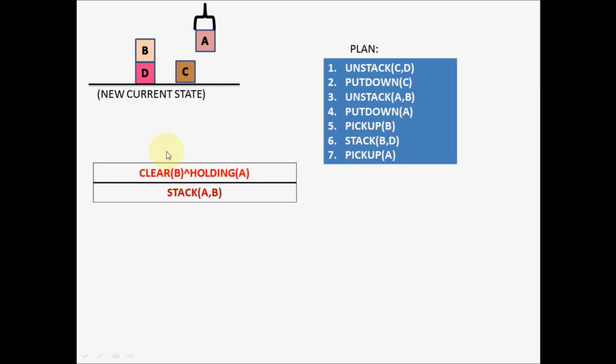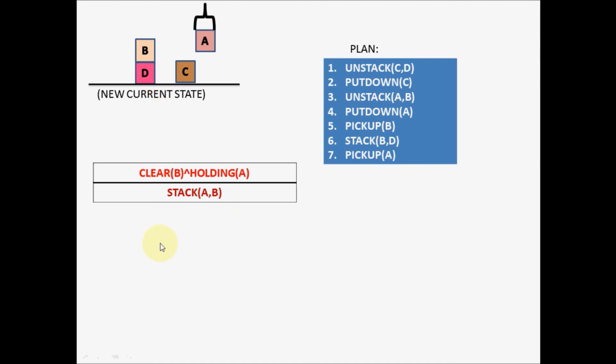You compare this with the current state. Is B clear? Yes. Is the robotic arm holding A? Yes. So this precondition is also satisfied. That means this can be removed and the stack A comma B action can now be executed. So two things will happen. Stack A comma B is executed so that the current state is changed.